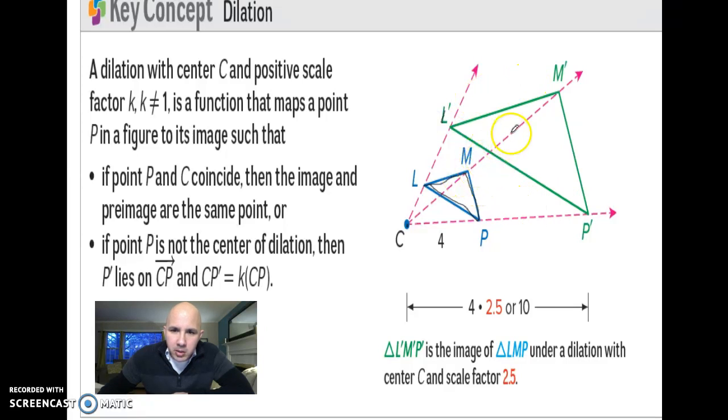It's the same image, however, it's enlarged 2.5. We'll start at the center. We'll say that the distance from C to P is 4 units, and the distance from C to P prime will be 4 times 2.5. We'll call that 10 in that case. There's some specifics here that we'll talk about in the next examples.